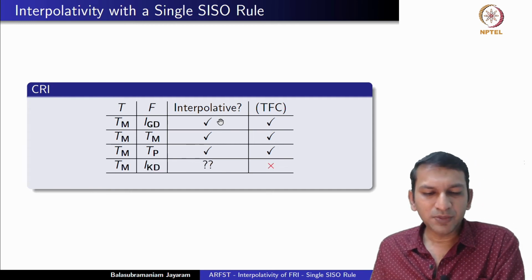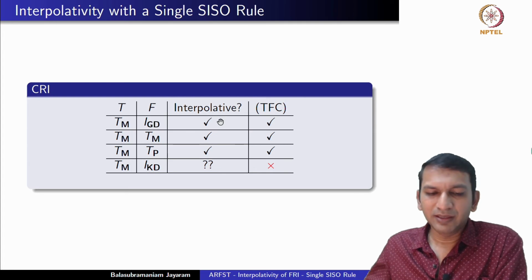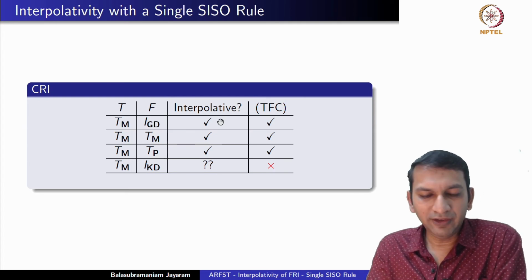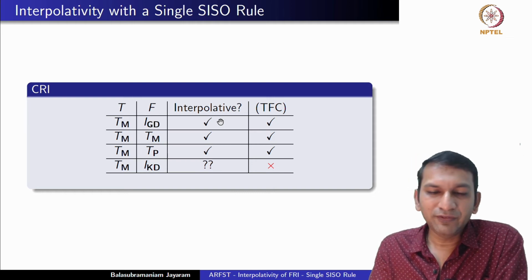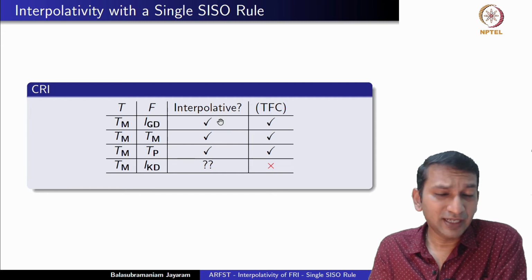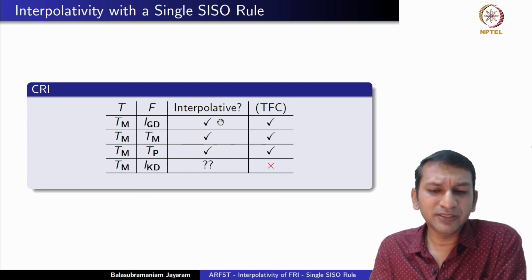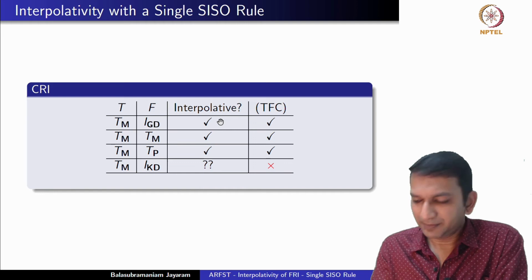If we consider this pair, Tm and the Kleene-Dienes implication for the f, we have not seen an example, but we can ask the question, is it interpolative? Let's verify whether it satisfies the equation TFC.